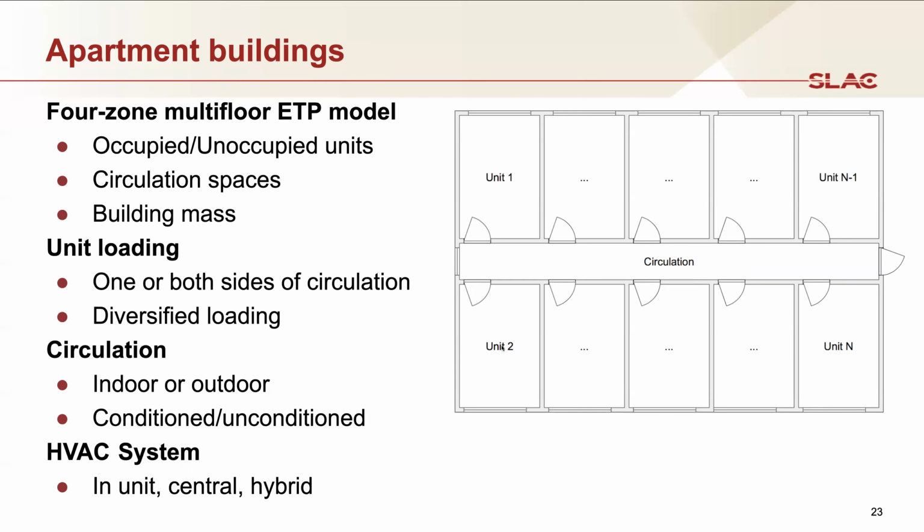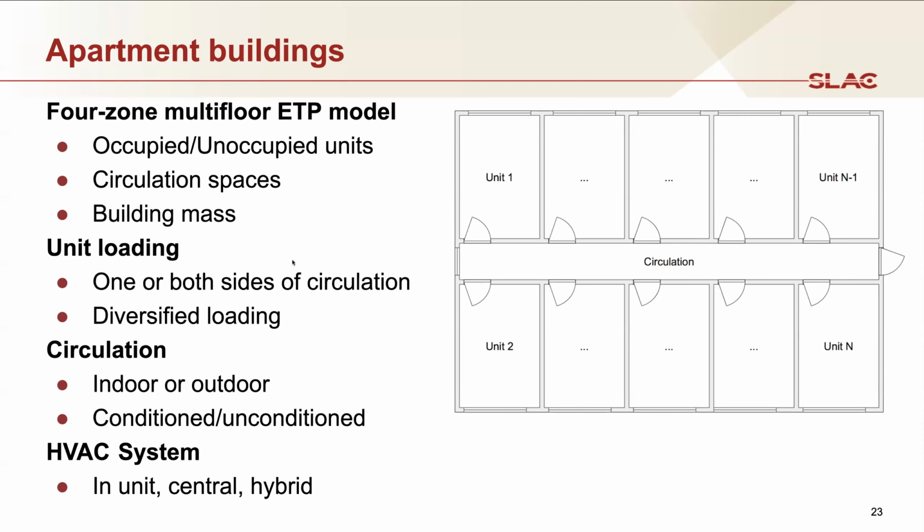And as you might imagine, in an apartment building, these three types of spaces are conditioned differently and controlled differently. And as a result, we do need to model them separately. And then, of course, we need to model the building mass once again, because that mass has an effect on the behavior of each space individually.